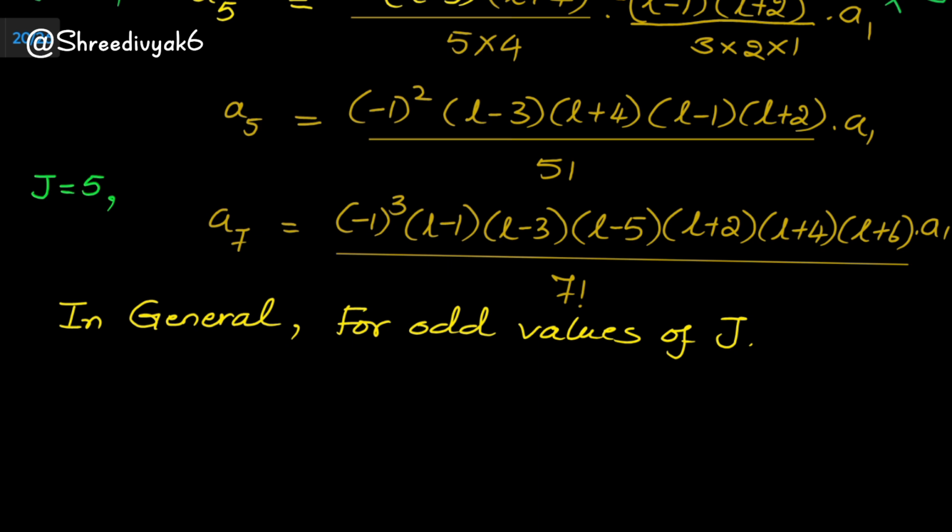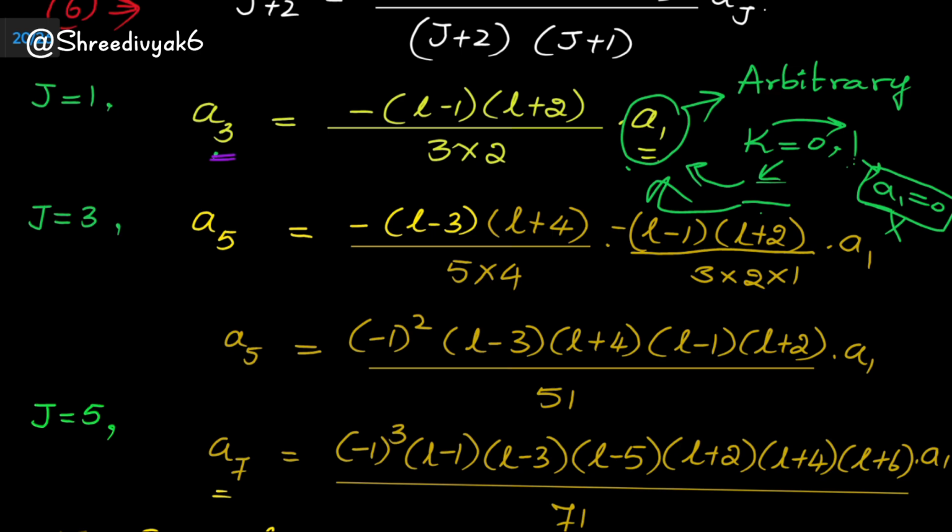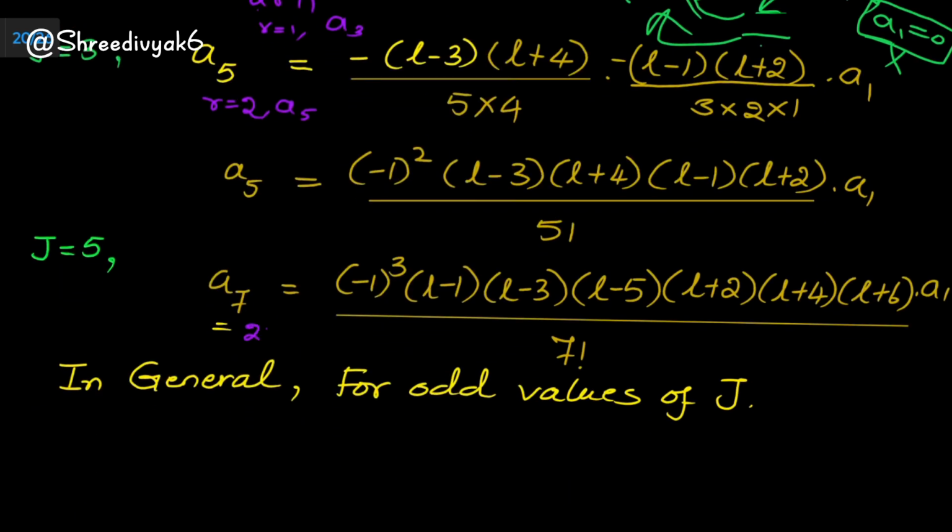Okay, so you'll get A9 in the next. All right. So for A3, can I not write it as A2R plus 1? Look at this. If R is becoming 1, first value of R becomes 1, you'll get A3. If R becomes 2, you'll get A5. 2 3s are 6 plus 1.